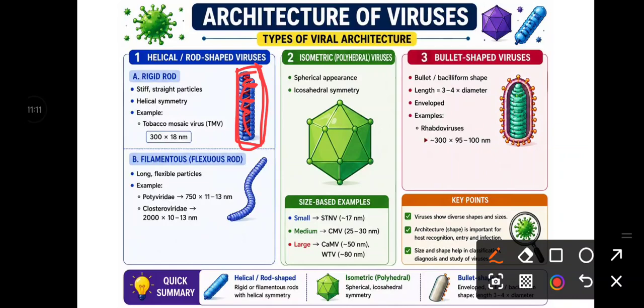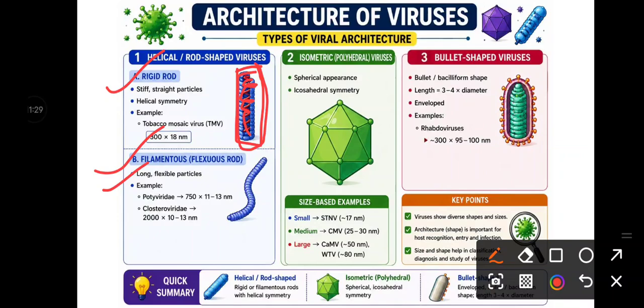So these are of two types: rigid rod and filamentous or flexuous rod. Rigid rod means a stiff, straight particle, whereas filamentous means it is long and flexible. If flexibility is there, it is filamentous. If it is stiff and rigid, it is called a rigid rod.